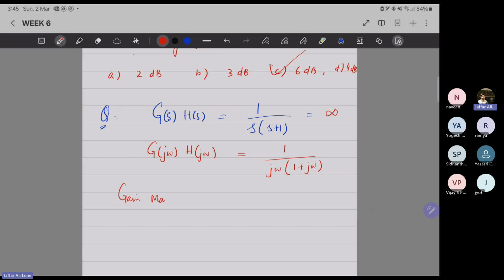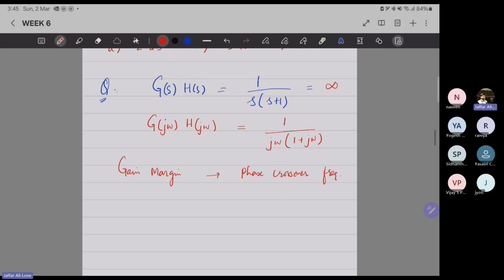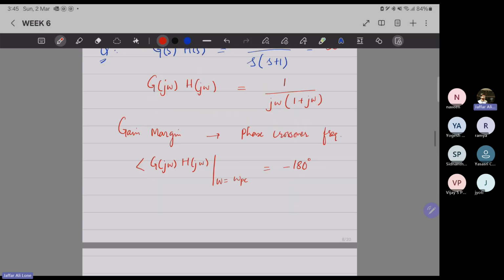I told you gain margin is defined at phase crossover frequency. And you know, at phase crossover frequency, my angle of G j omega H j omega is equal to minus 180.